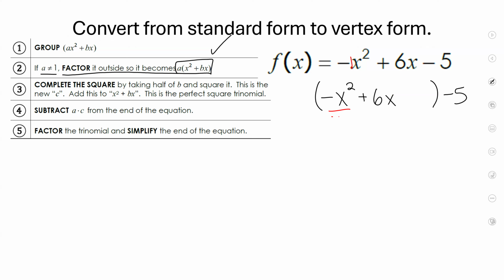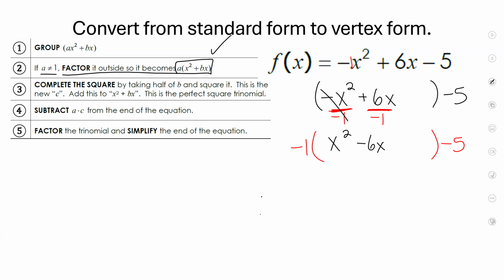So I'm going to divide both items by negative 1. Do not worry about the negative 5 right now. We're only dividing A and your B value. So negative 1 is now on the outside. Let's see what's left. X squared. 6 divided by a negative 1 is a negative 6x.